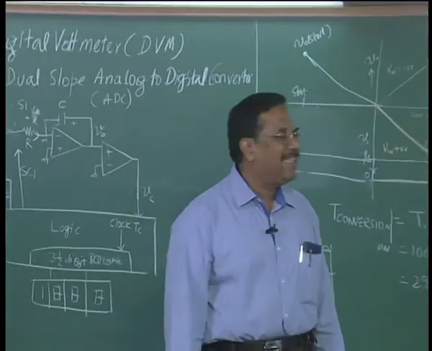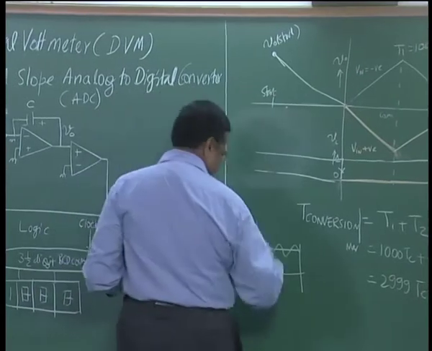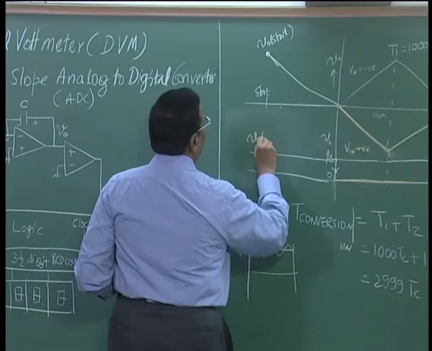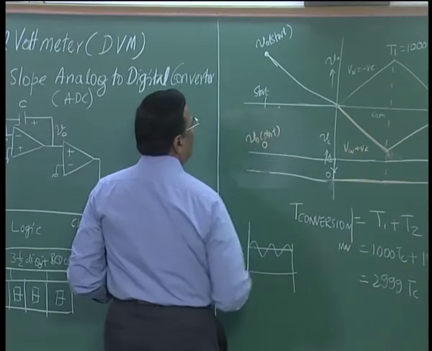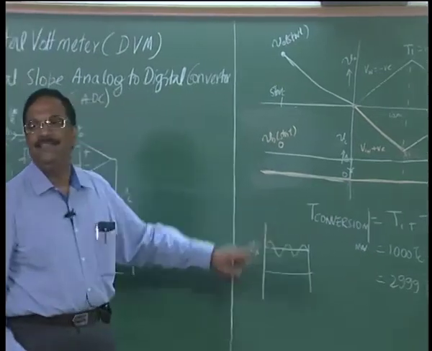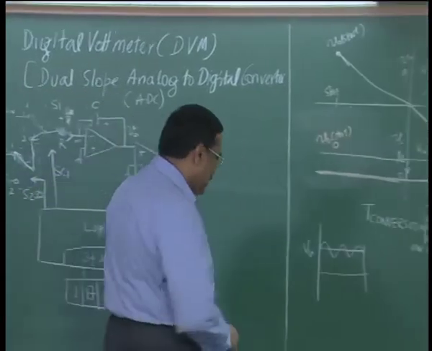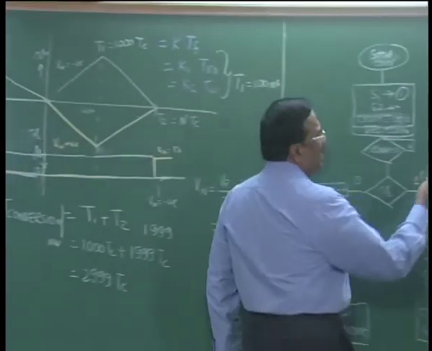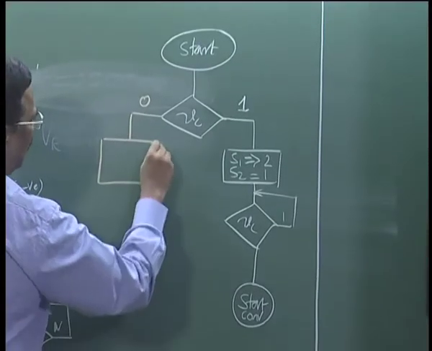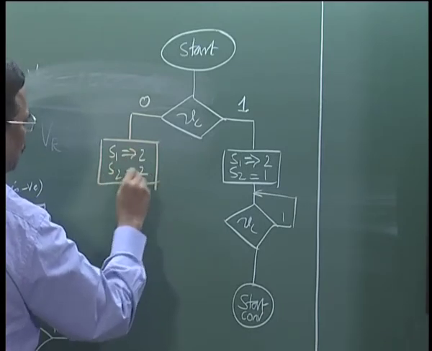On the other hand, when I arbitrarily start at some point where my V naught is negative, this is V naught at start, then my comparator output would be 0. In that case, Vc is 0, so I connect S1 to position 2 and S2 to position 2.